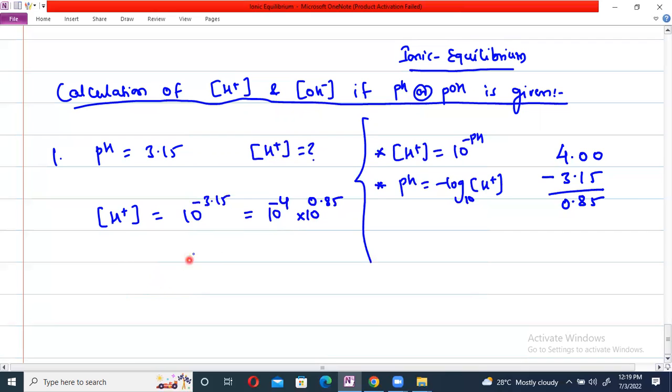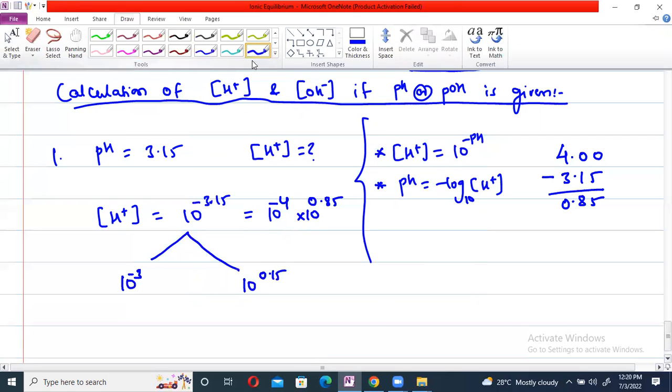The concentration of H plus, we are having 10 to the power of minus 3.15. It can be written as 10 to the power of minus 3 and 10 to the power of minus 0.15. Only one thing you do here: add the plus 1 and minus 1 on either side.